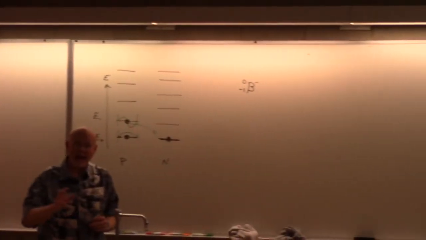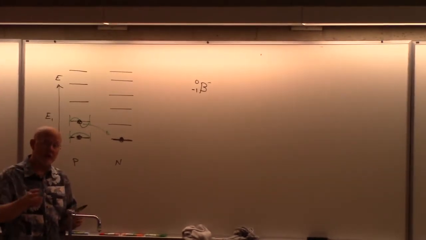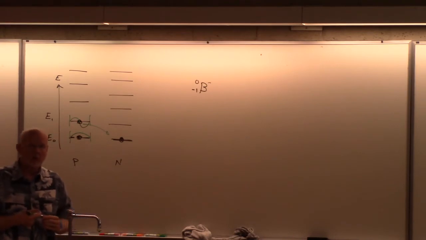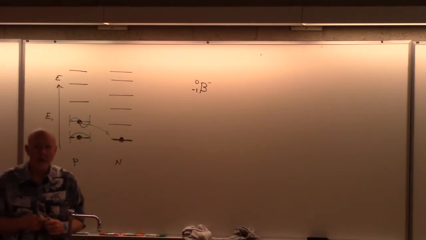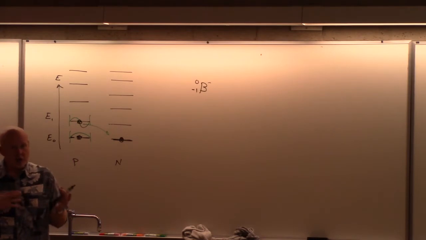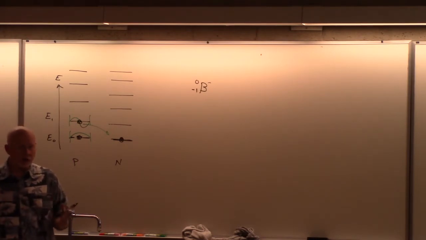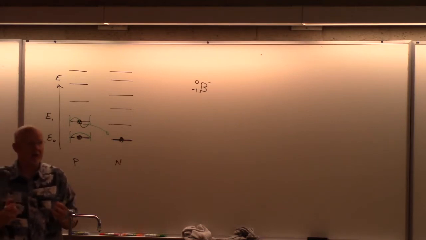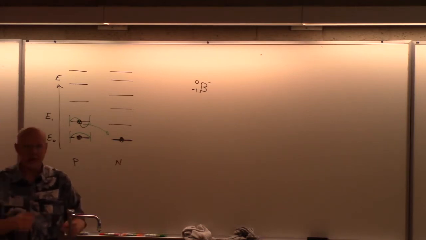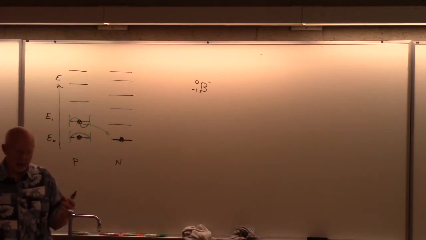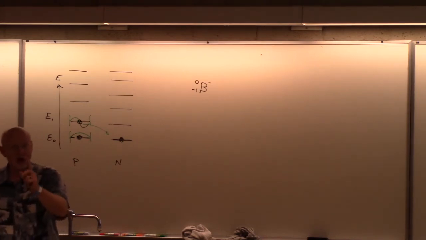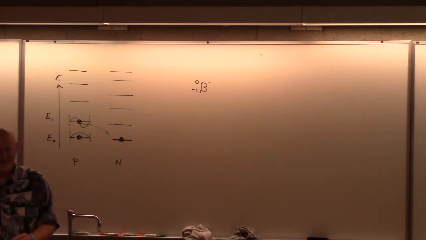And I'm going to go back to the beginning of this semester and say, you remember that principle of conservation of charge? It still applies. And so if I want to keep track of what's going on in this nucleus, if I have started a process with, say, lithium, so 3 protons, and then all of a sudden one of the protons disappears and becomes a neutron, that one positive charge has to show up somewhere.